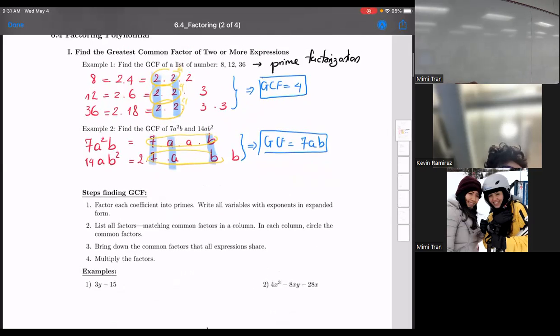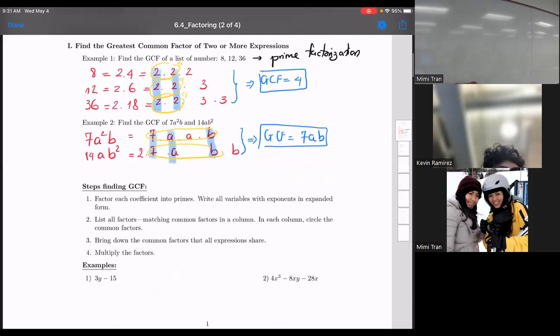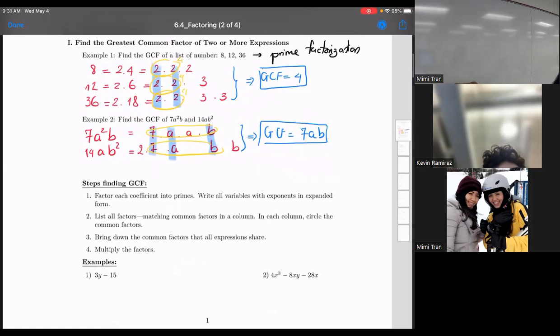So here are the steps. First, you factor each coefficient into primes, like we did. Any number you give me, I can write as a product of primes. It's actually a proven theorem. Of course, you don't prove it till you go to grad school, but that's the idea. Then write all variables with exponents in expanded form.